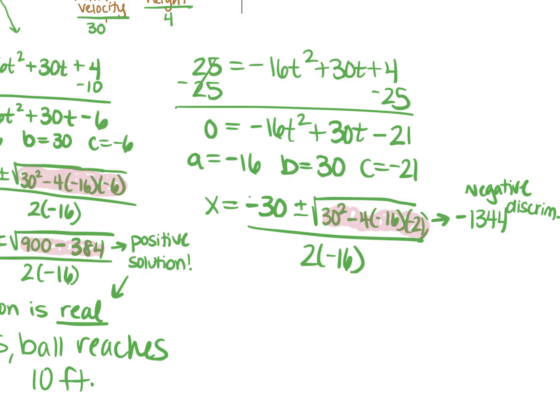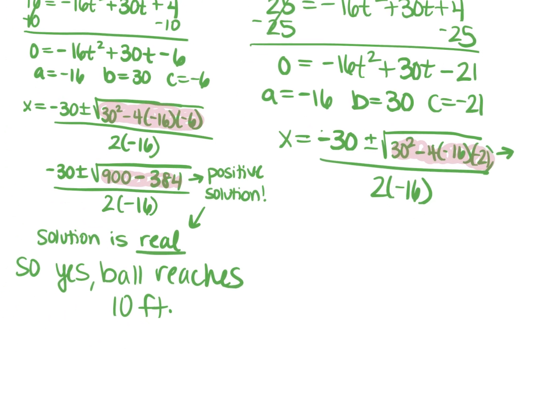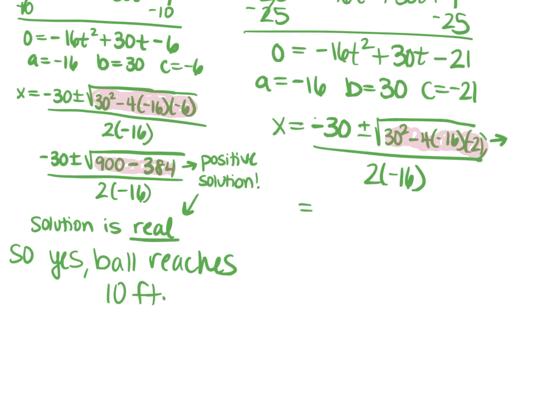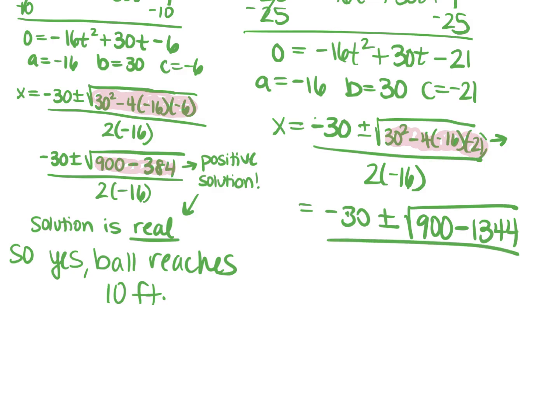Okay. It's bigger than 900. So you end up with negative 30 plus or minus 900 minus 1344. That's bigger than 900. Yep, definitely bigger than 900, which means we're going to get what type of discriminant?